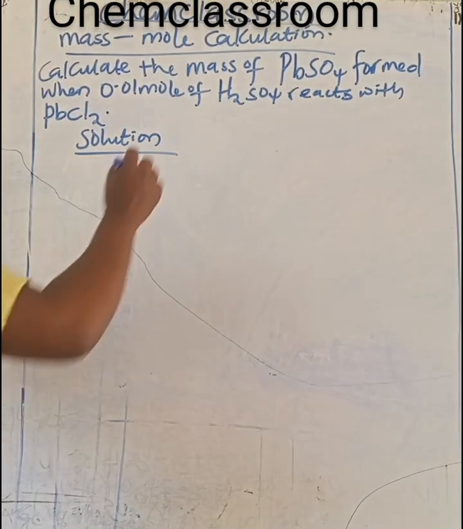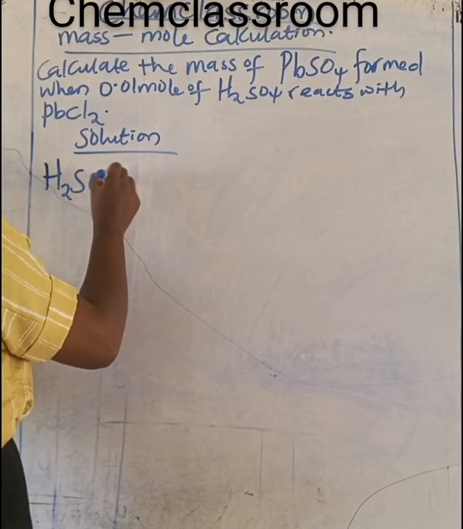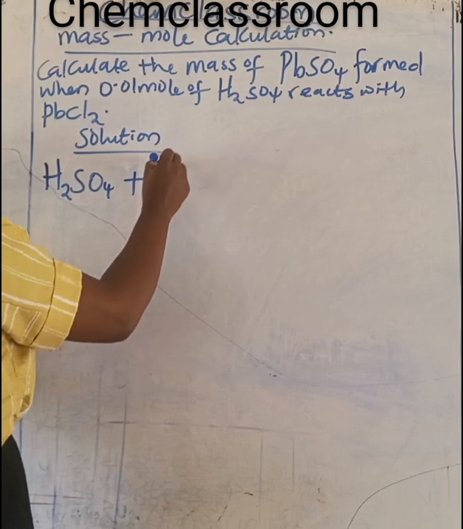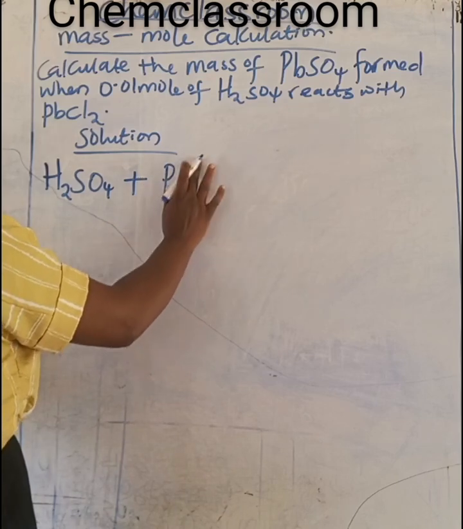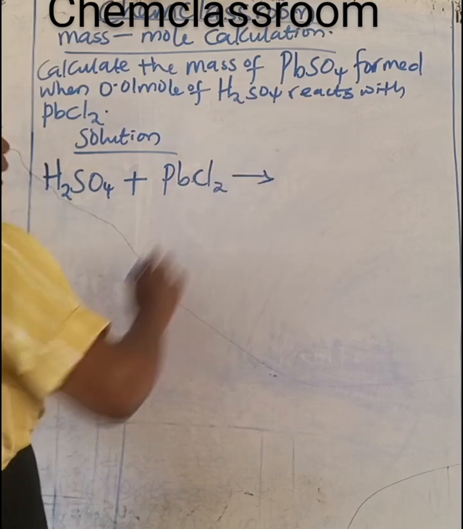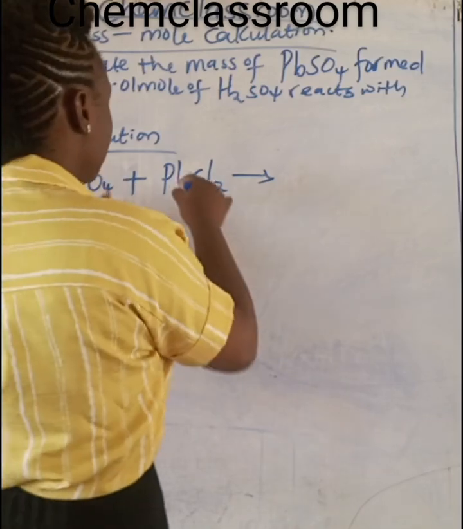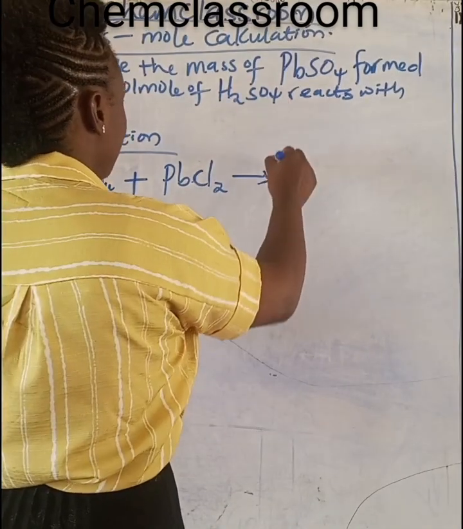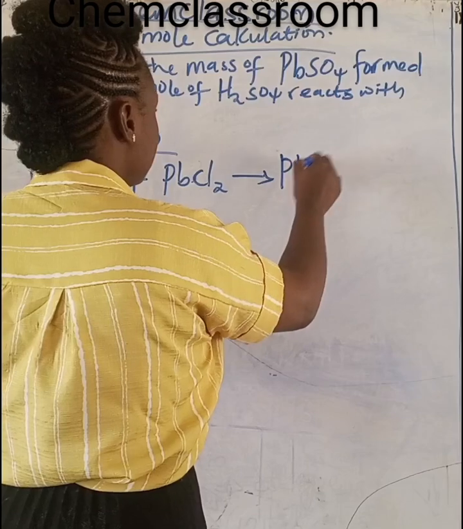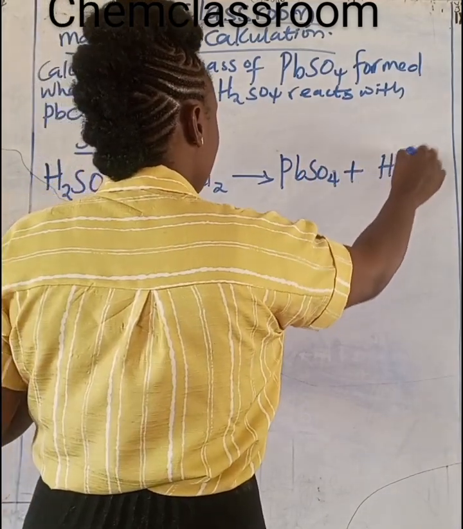The reaction is taking place between our hydrogen tetraoxosulfate 6 plus our lead chloride, yes. It is actually a displacement reaction, to give us our lead tetraoxosulfate 6 plus our HCl.